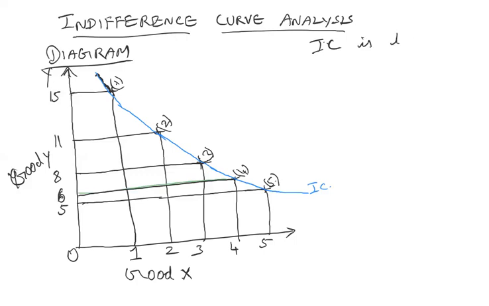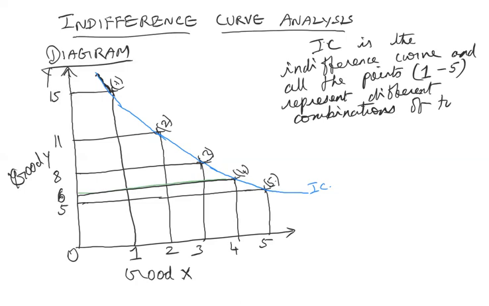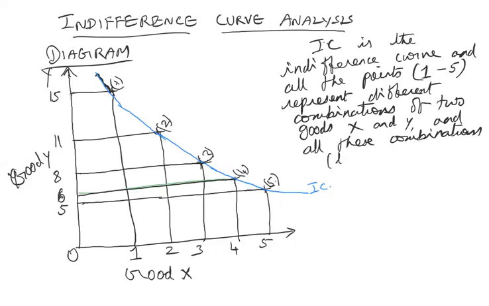IC is the indifference curve, and all the points 1 to 5 represent different combinations of two goods, X and Y, and all these combinations lying on the indifference curve IC give the same level of satisfaction to the consumer.